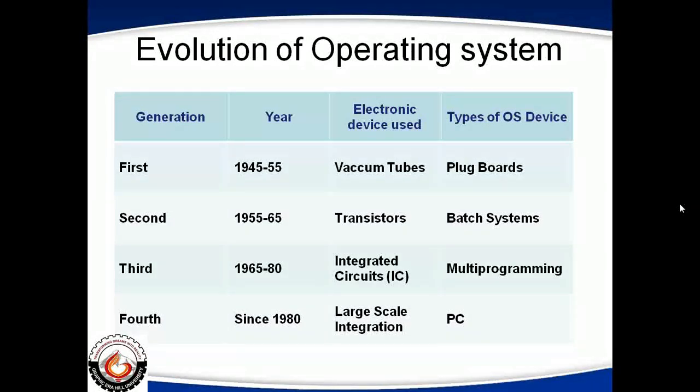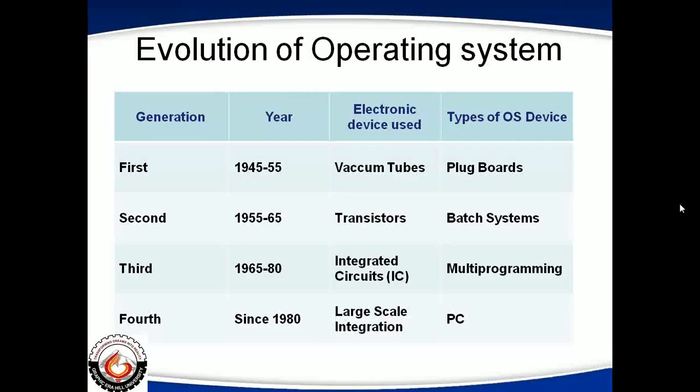For second generation, the duration is 1955 to 65, and the electronic devices used are transistors, and the type of operating system is batch system. In third generation, the duration is 1965 to 80, and the devices used are integrated circuits, and the operating system used is multi-programming operating system.